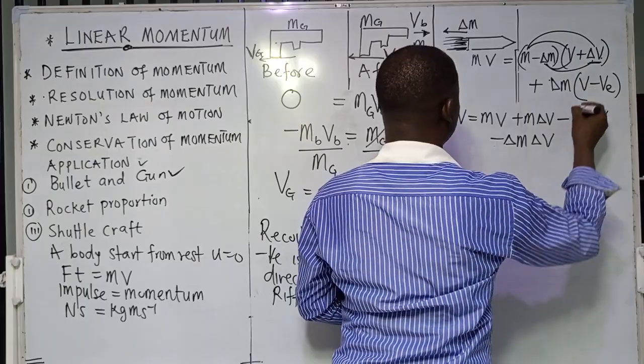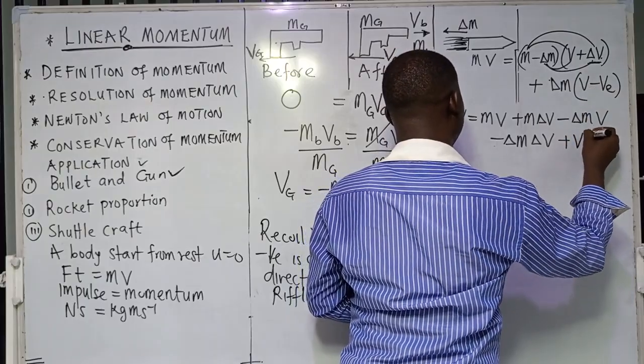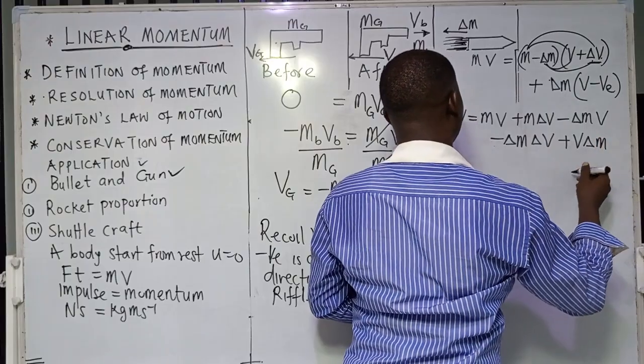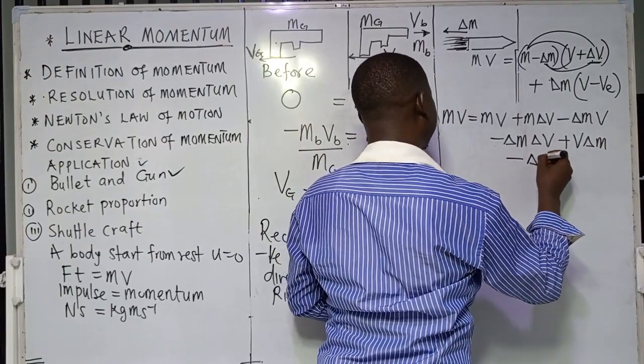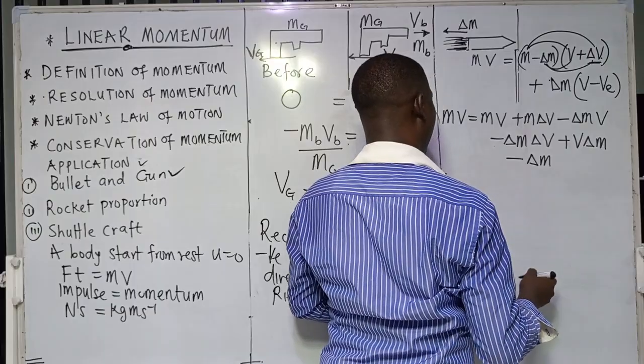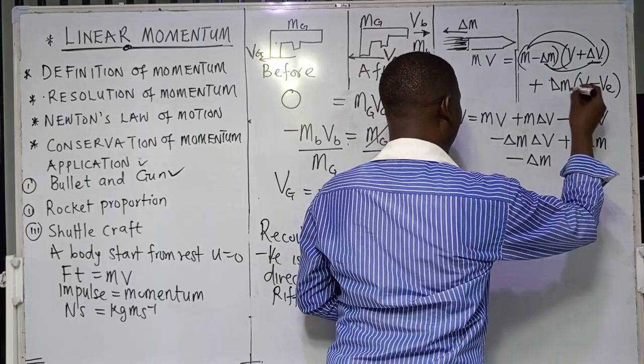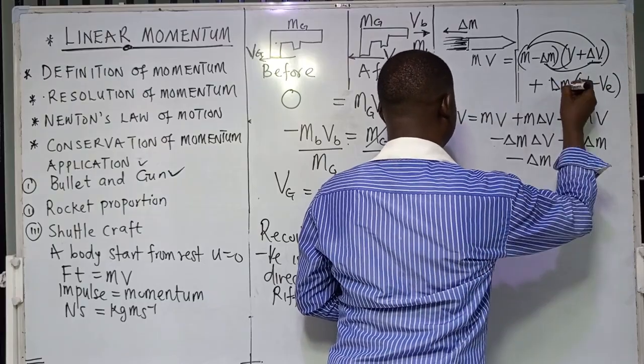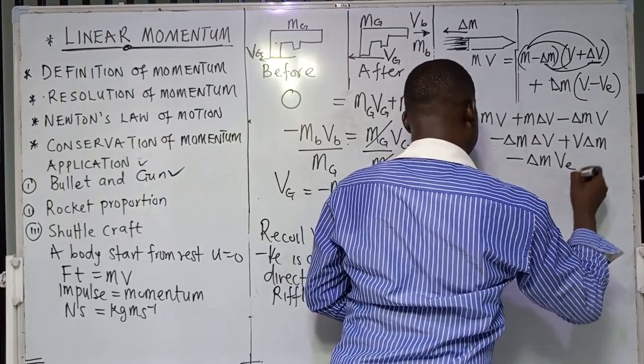Then for this one, plus v change in mass, minus change in mass times exhaust velocity.